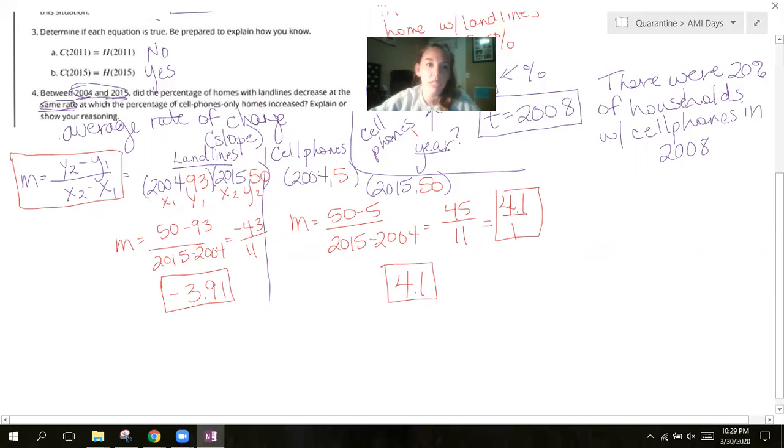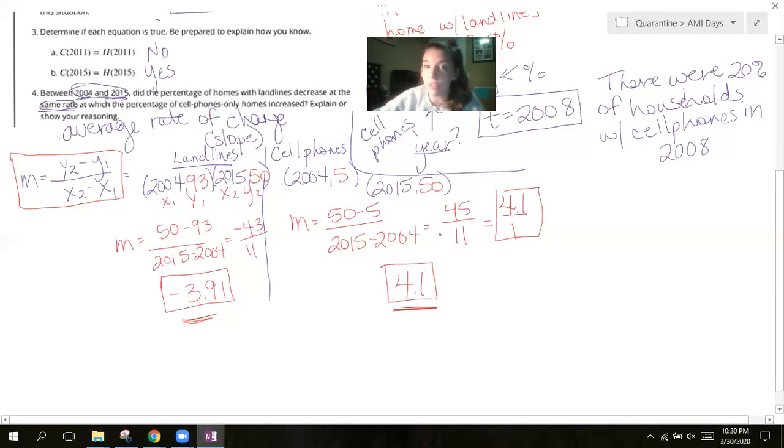So it's wanting to know, is one decreasing at the same rate the other is increasing? There's really not a wrong answer here. It all depends on how you justify your answer. You could say, no, they're not, because they're two different numbers, so they're not going at exactly the same rate. But then you also have to consider we did estimate our y values to begin with, so we may not be exactly accurate.